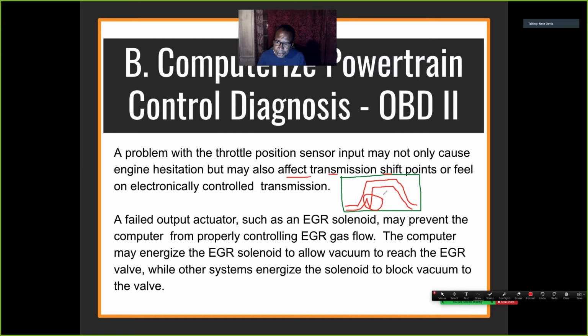You let go of the gas pedal, and it's going to downshift the transmission. To the PCM, this signal right here means you just released the gas pedal, but really it's just a glitch. A bad TPS.